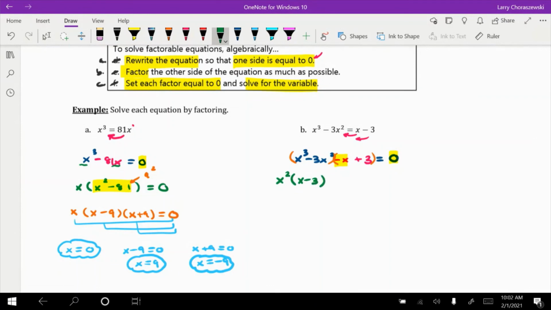And our GCF from the second set of parentheses, I would recommend taking out a -1. Because when you factor out a -1, the terms on the inside will change to their opposites, so positive x and -3. And remember, with factor by grouping, we can go further when what's left over matches.